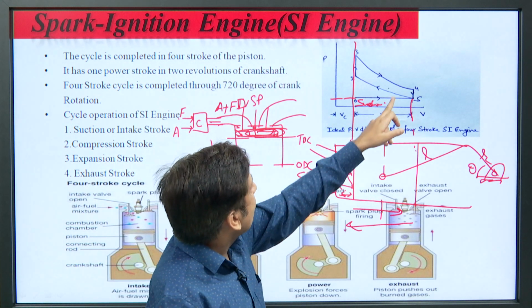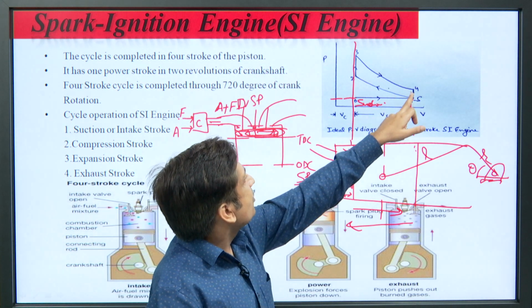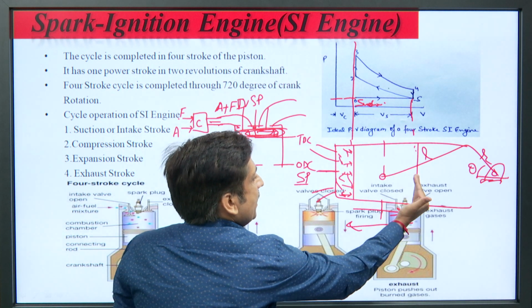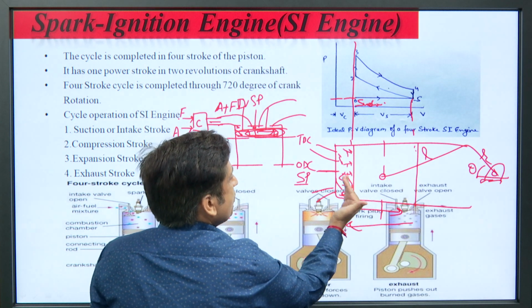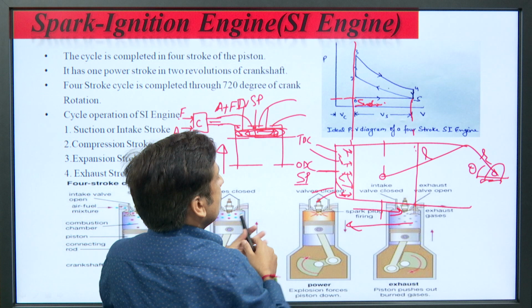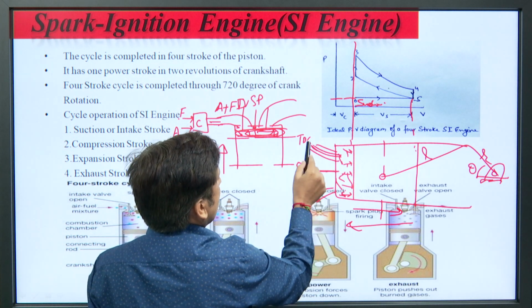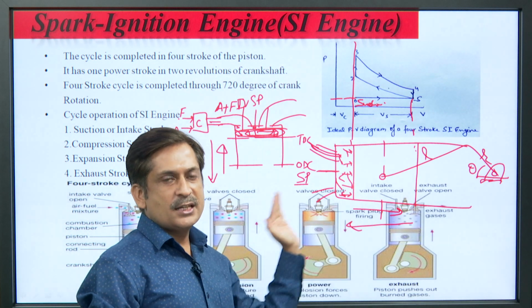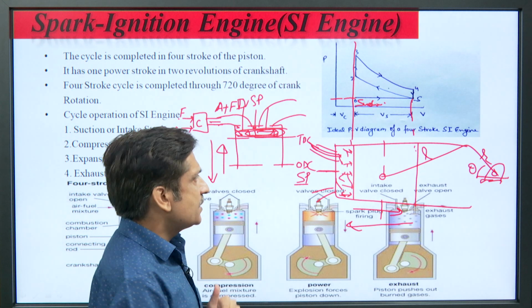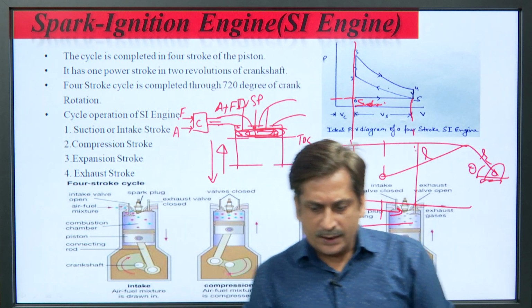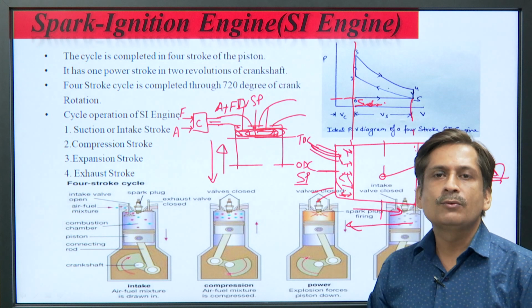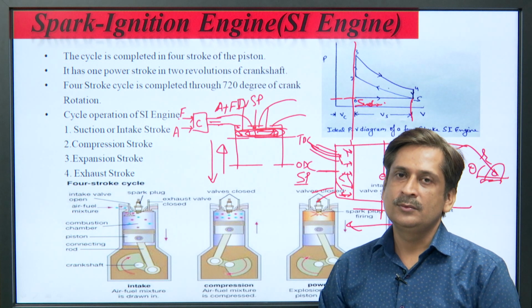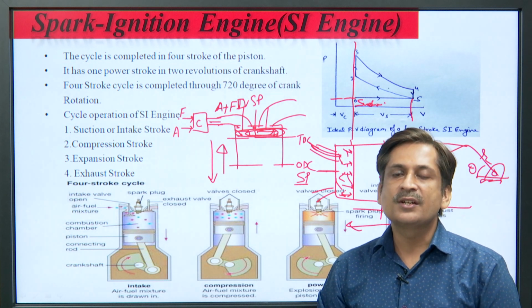So, the pressure reduces to point 1 again, and from 1 the piston moves in this direction and sweeps out all the burned products through the exhaust system. This keeps repeating, which is why it is a cyclic process. In brief, in a spark ignition engine, because of the spark you are able to have power, that is why it is called a spark ignition engine.